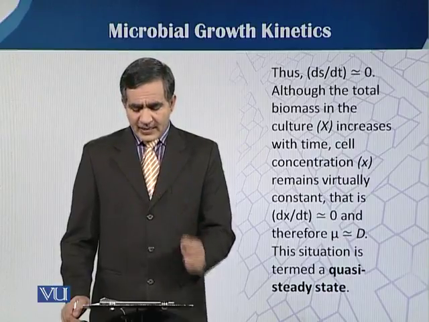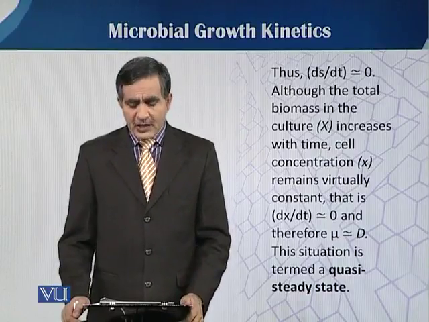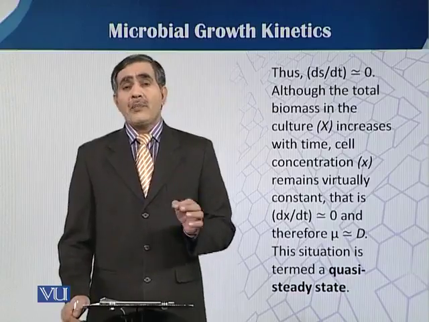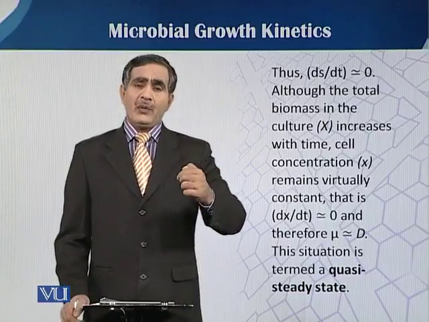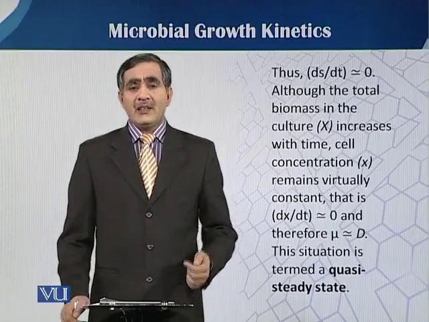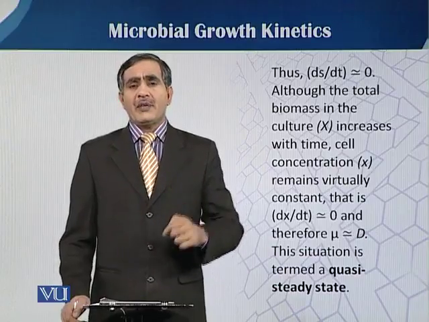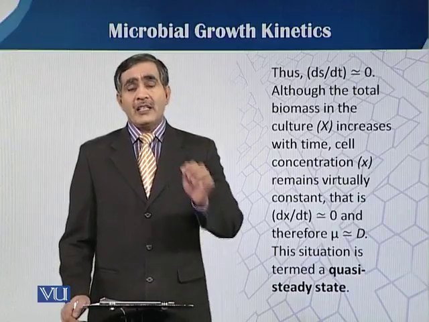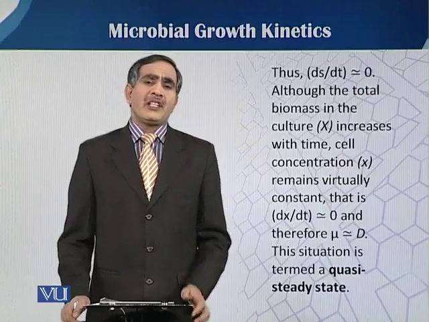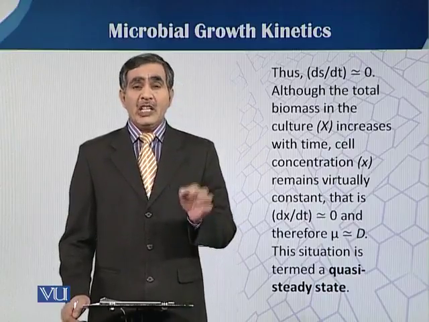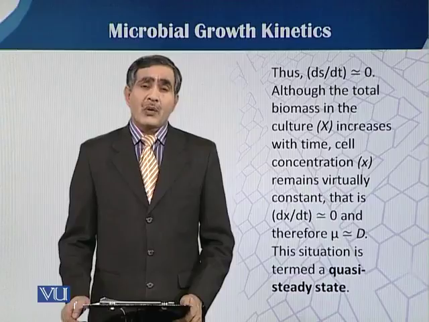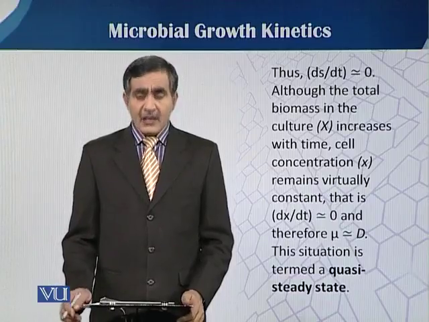So we can say that dX over dt is equal to 0. That is only possible when the flow rate, which affects the dilution of the fermentation vessel, and the dilution inside the vessel become equal to the specific growth rate, which we call mu.